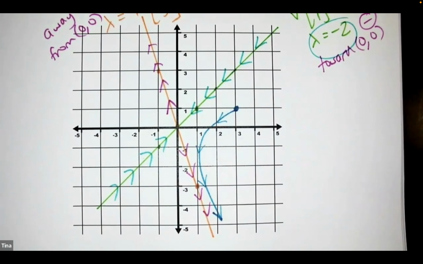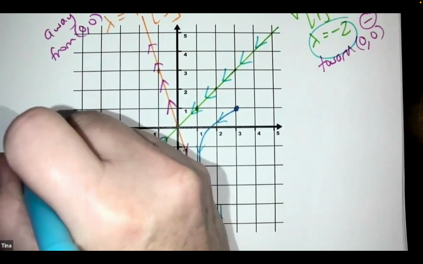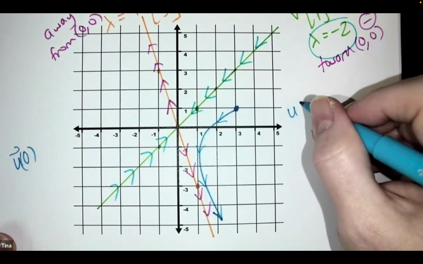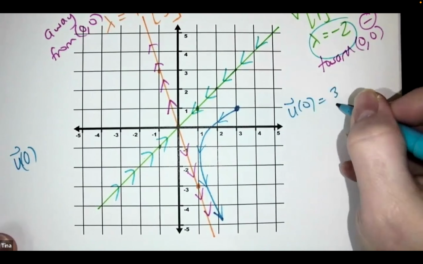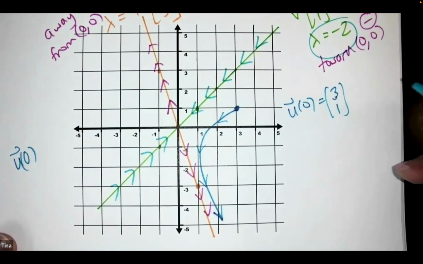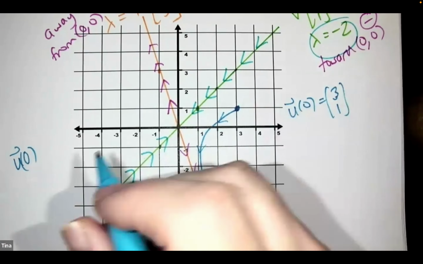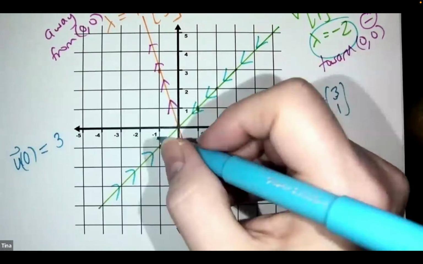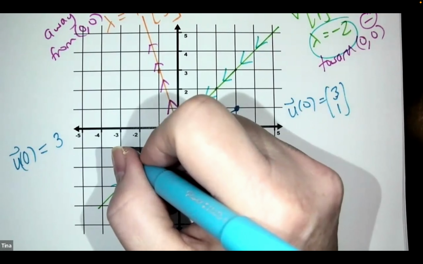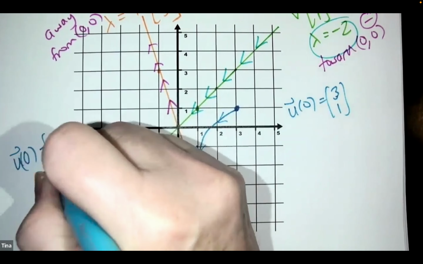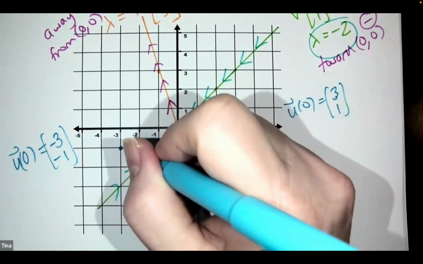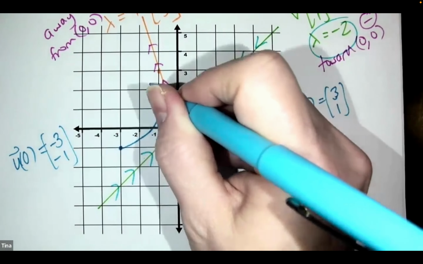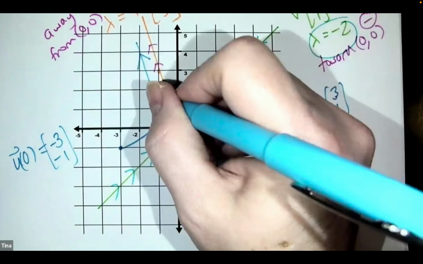Okay. If I gave you maybe a different condition, so this was u of 0 was the vector 3, 1 here. So if we do, let's say, negative 3, negative 1, then it's going to go in towards, and then it's going to go that way.